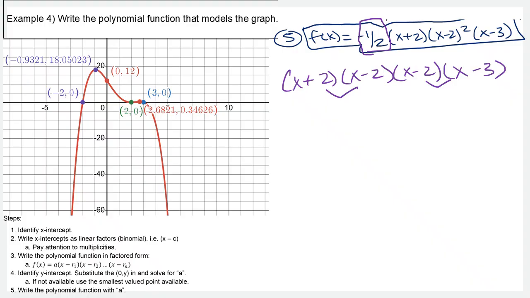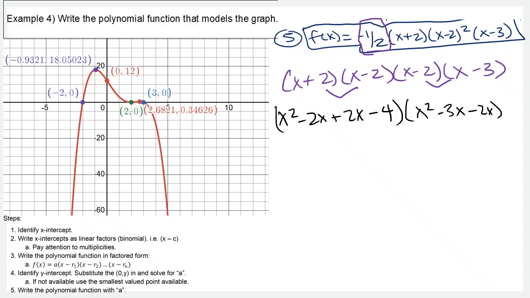Okay, so we distribute. x times x gives us x squared. x times negative 2 gives us negative 2x. 2 times x gives us positive 2x. And 2 times negative 2 is going to give us negative 4. That's one done. Now we're going to do the other one. x times x gives us x squared. x times negative 3 gives us negative 3x. Negative 2 times x gives us negative 2x.